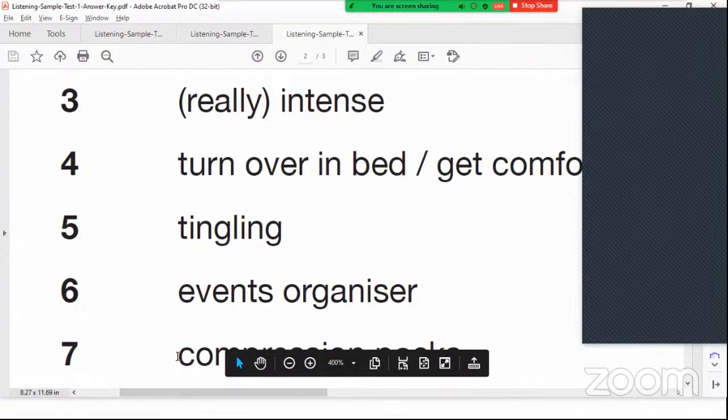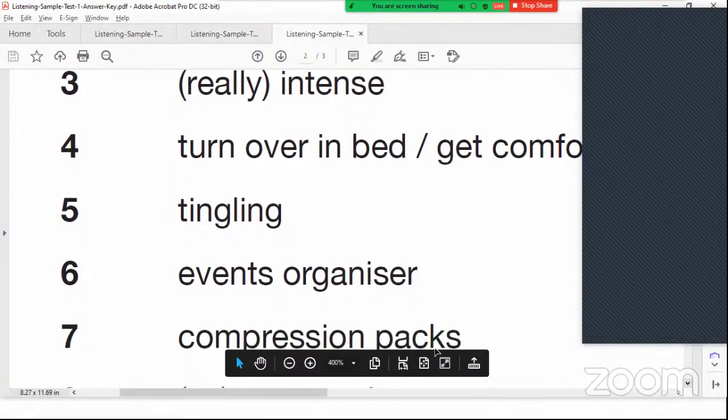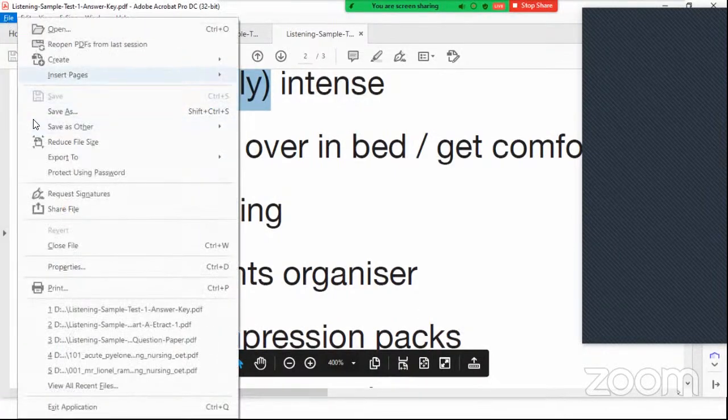Otherwise, he will say a compression pack and put yes in brackets, or he will put A here. He did not put anything here. He clearly said compression packs. That means it is plural. How do we know that it is plural? I'll show you the case.